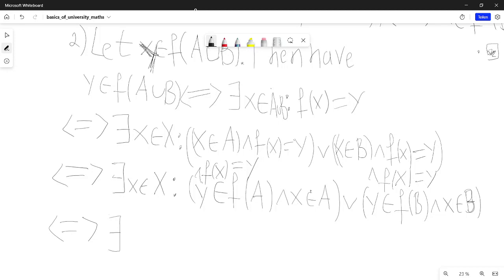Okay, so there exists an x element X such that this is true or this is true. And now we'd like to have that this is equivalent to this. Okay, then let's just look at that.